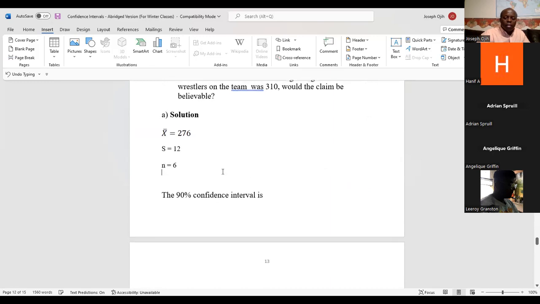Next, let's find the critical value. First of all, let's find the degree of freedom. DF equals n minus 1, which means 6 minus 1 equals 5.